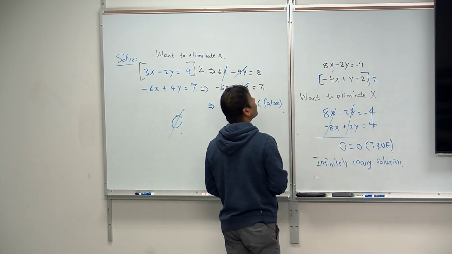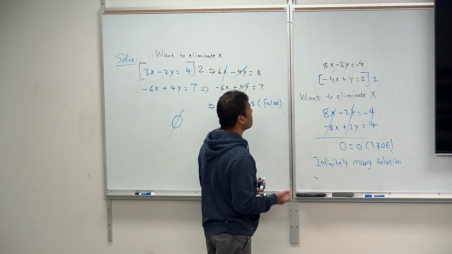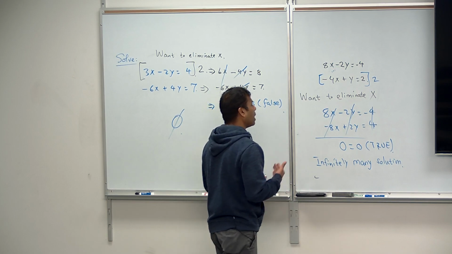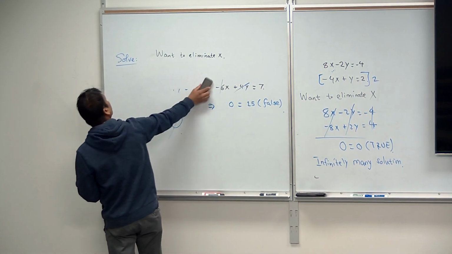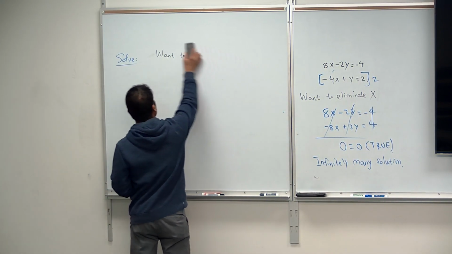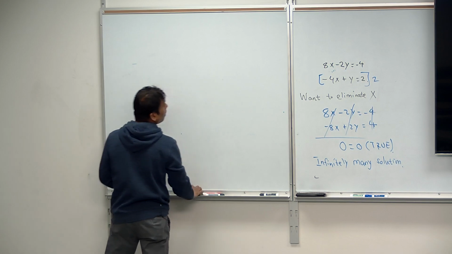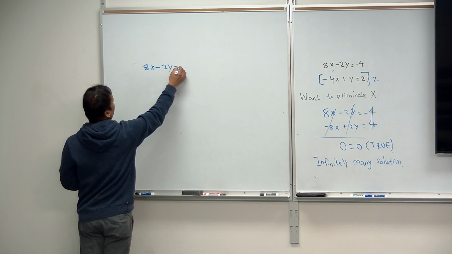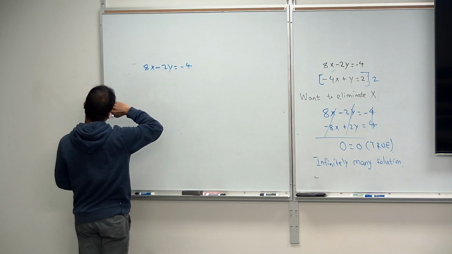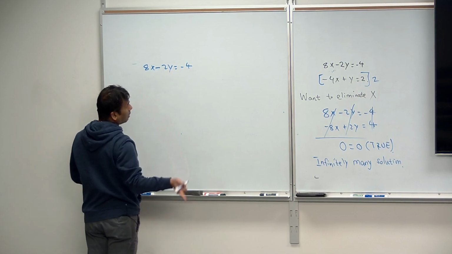So the solution you can write, there are many ways you can write the solution. You can write the solution in this way. Let me show you. So you have 8x minus 2y equal to negative 4. Let's solve for y.